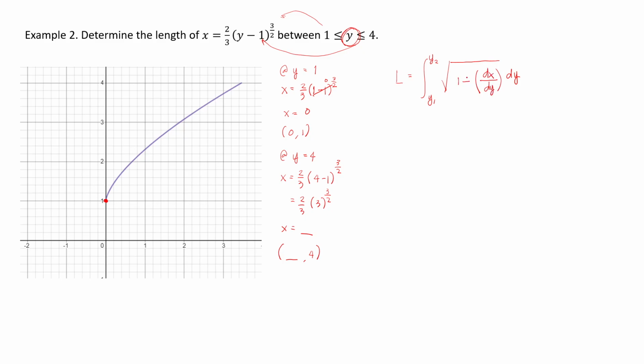Now, 1 plus dx over dy squared. Okay, so again, checking the different parameters in our formula. We are now given y1 and y2, which are 1 and 4. For dx over dy, we have yet to identify this one.